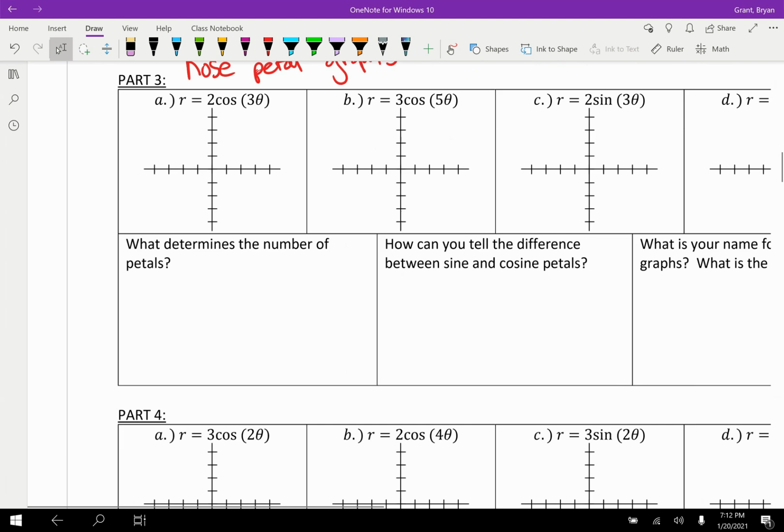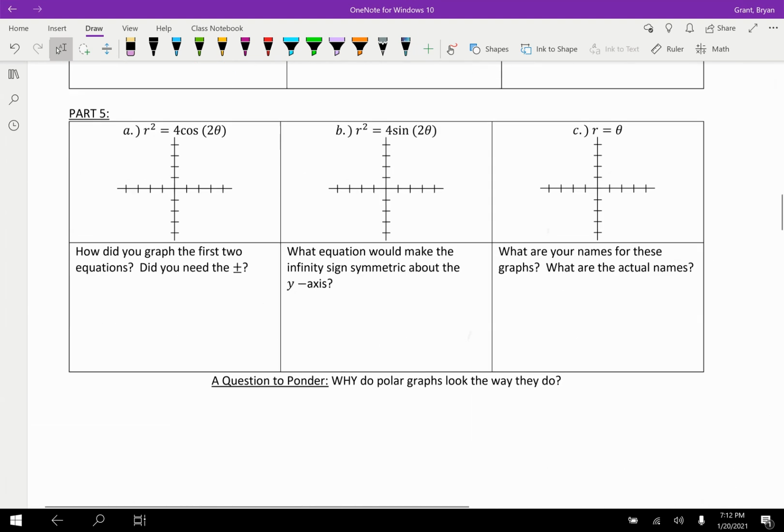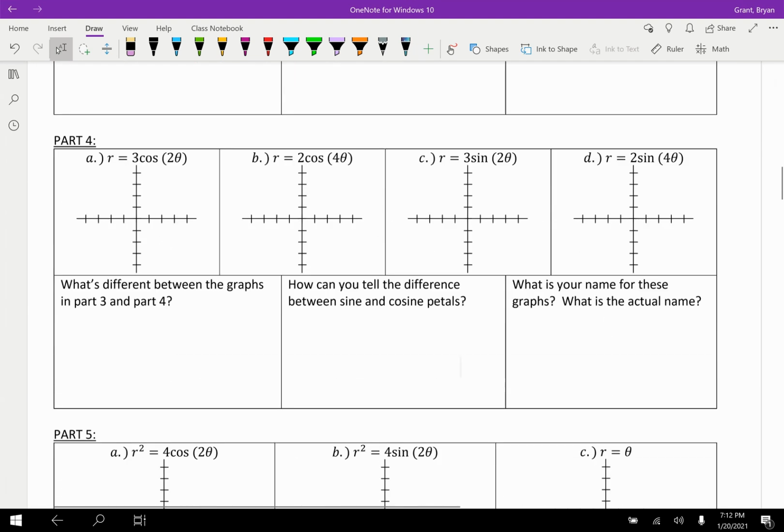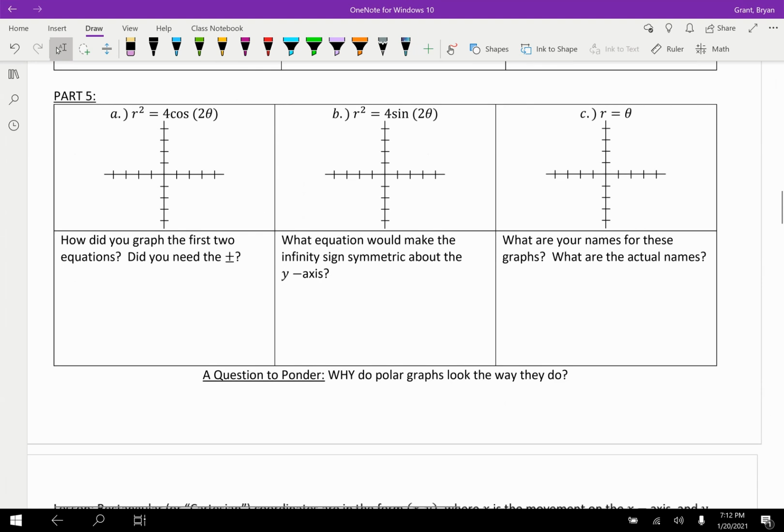Moving through to our last part, we have part 5. Part 5 are just the cool different graphs. Now, you might notice that most calculators, including Desmos, I think, will not graph these. This would be equivalent to, and it's not the same, but to graphing y squared equals 4 cosine of 2x.